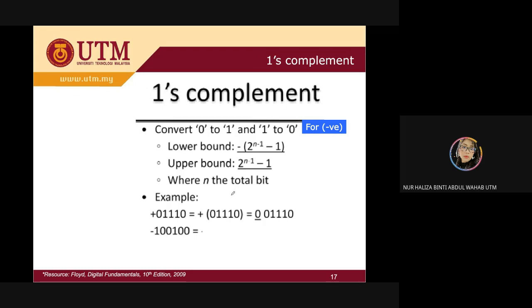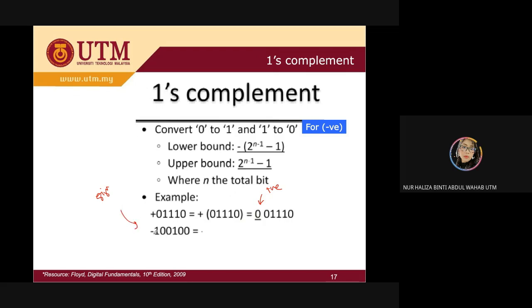You just add 0 as a positive in front. You do not need to change any value inside, you just add 0 for a positive, because you want it to be a signed number, isn't it?